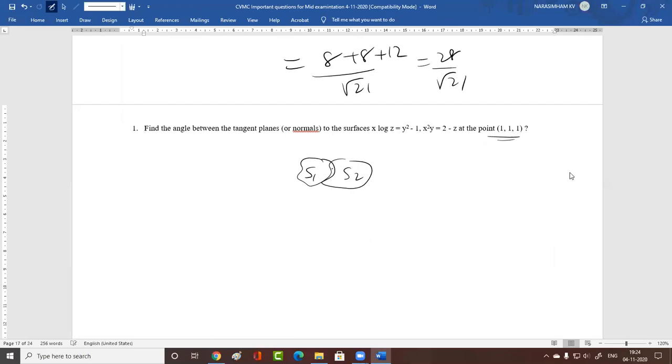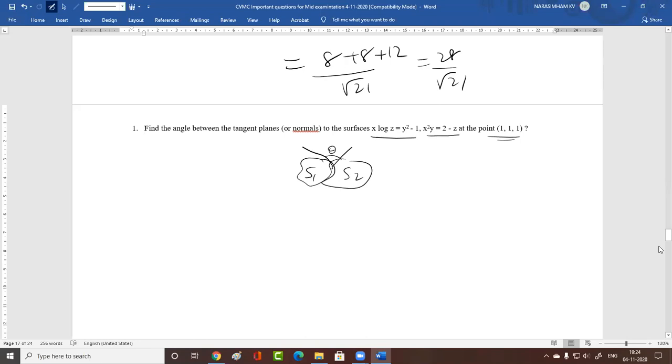At this point, what is the angle between these two surfaces? It is nothing but the angle between this normal and this normal. This is the question. So for this purpose, first find the normal to this surface, then we will find the normal to the other surface.